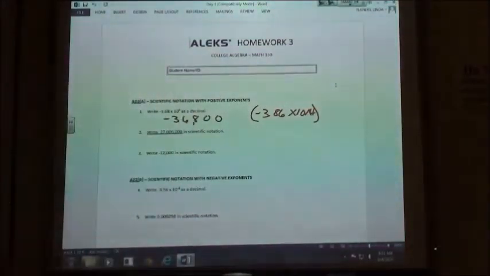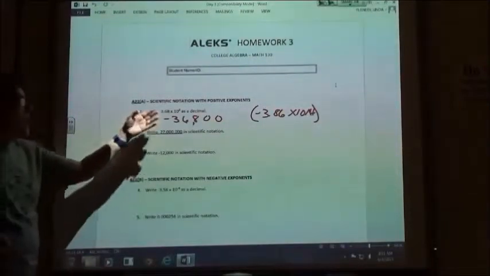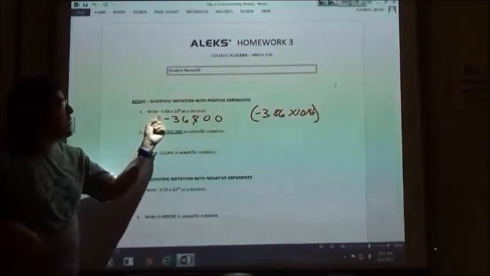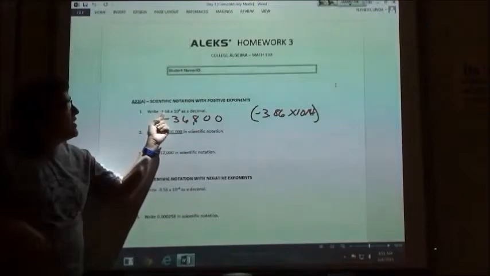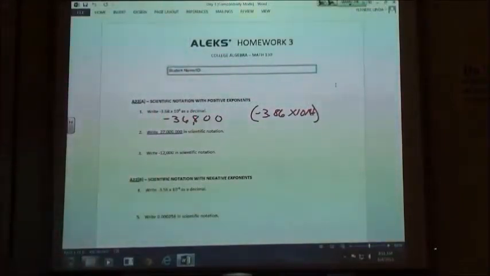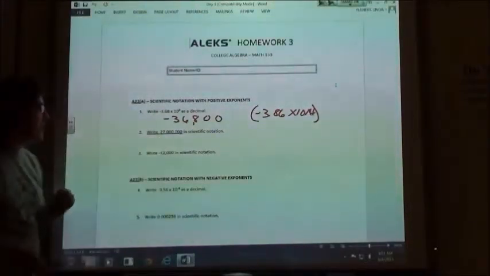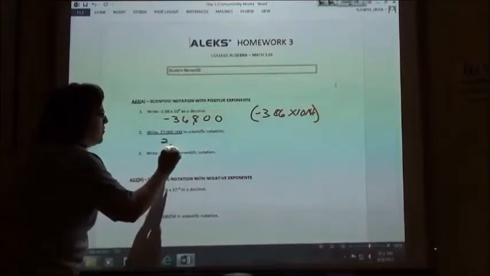If I'm going to write 27 million in scientific notation, the first part of my scientific notation is always a value between 1 and 10, or negative 1 and negative 10. So basically you're just sticking the decimal right behind that first digit. I'm going to have 2.7.